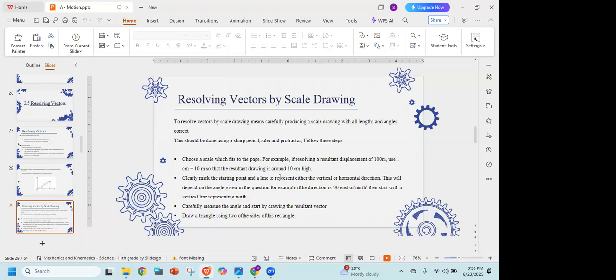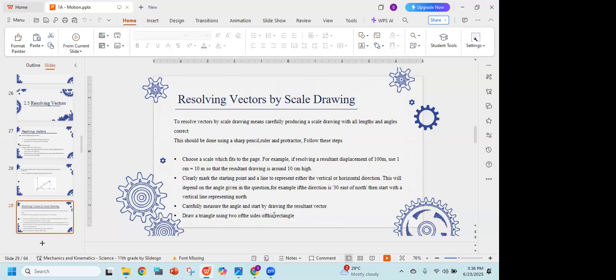Clearly mark the starting point and a line to represent either the vertical or horizontal direction. This will depend on the angle given in the question. For example, if they say the direction is 30 degrees east of north, you have to know north, east, west. Don't worry about the directions. Then finally, carefully measure the angle and start by drawing a resultant vector.